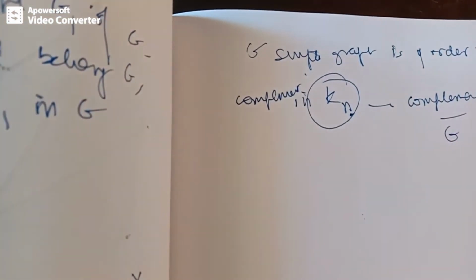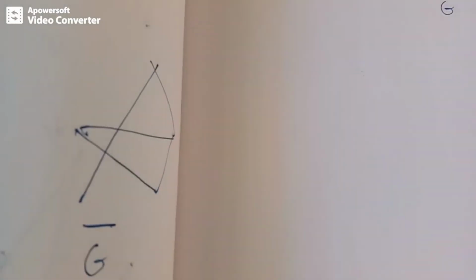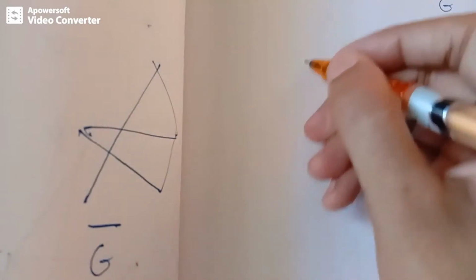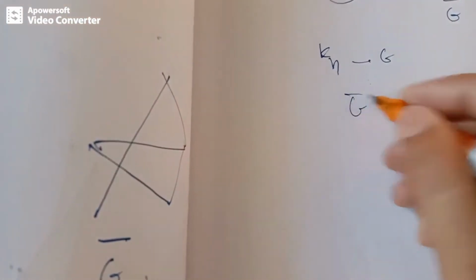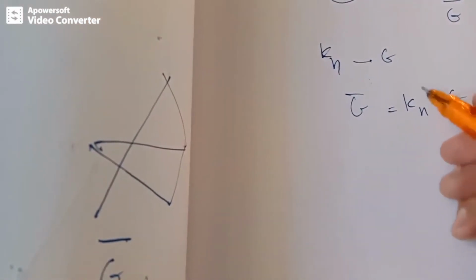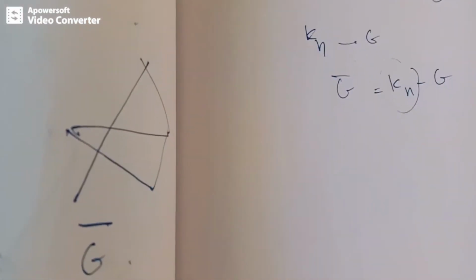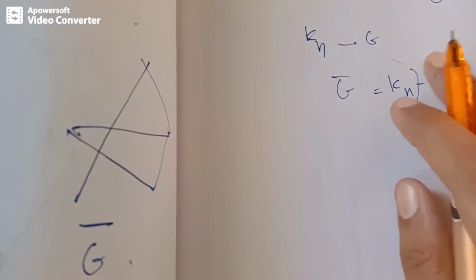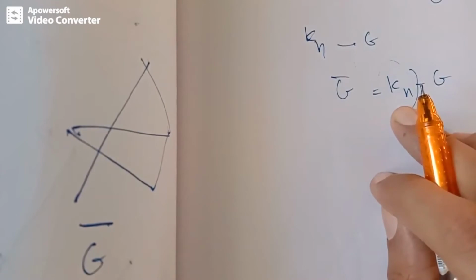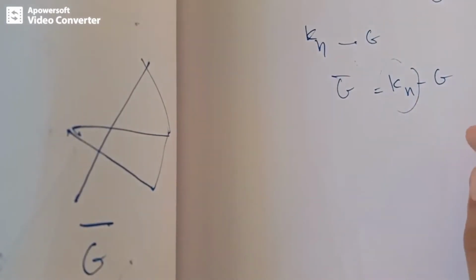The complement in the complete graph is called the complement of a simple graph, and it is denoted by G complement. So the G complement of a simple graph with n vertices is a graph obtained by deleting all the edges in Kn which belong to G. So G complement is Kn minus G. So you are deleting all the edges in the complete graph which belong to the original graph or the simple graph, okay, and including the rest of the edges.